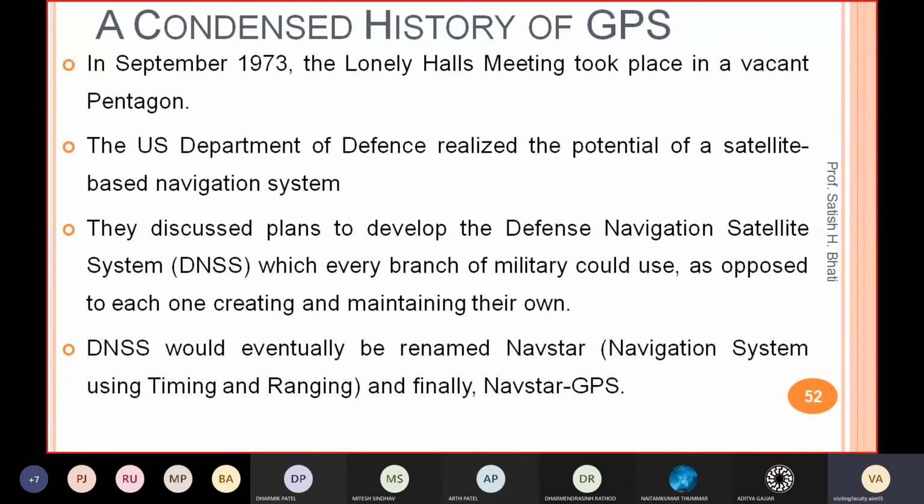So in September 1973, there was a meeting in the U.S. Department of Defense, which realized the potential of a satellite-based navigation system.